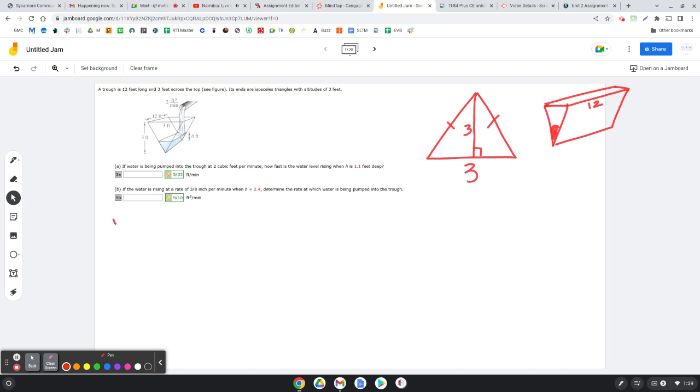So the volume is going to be the area of the base times 12. 12 is always the height. I know that doesn't look like the height, but that's because you're not familiar and comfortable with prisms. So you should see this thing I just colored. That is actually this.